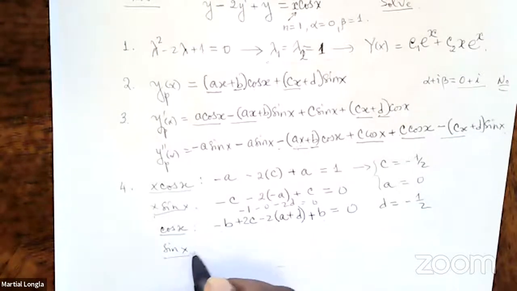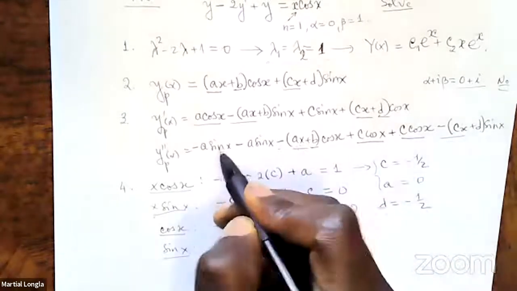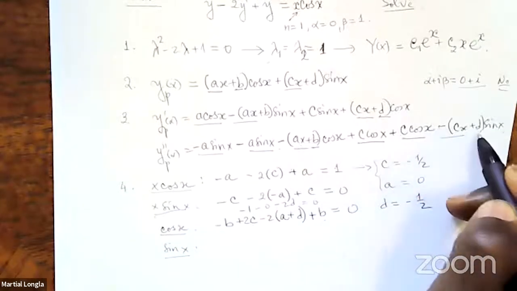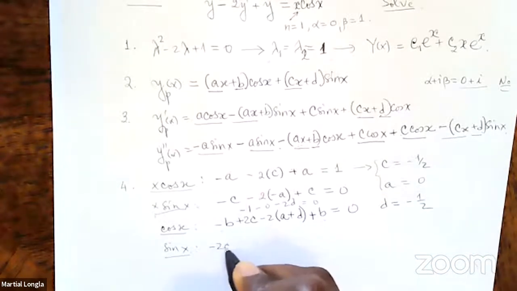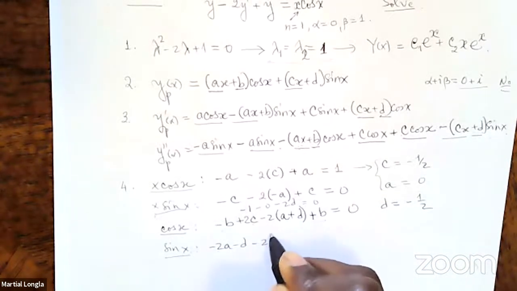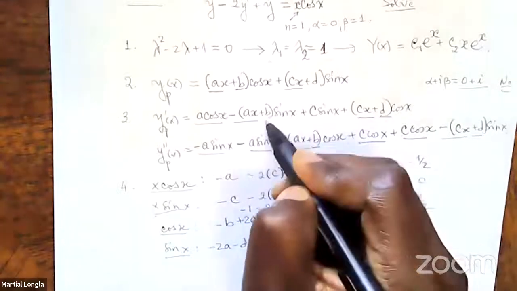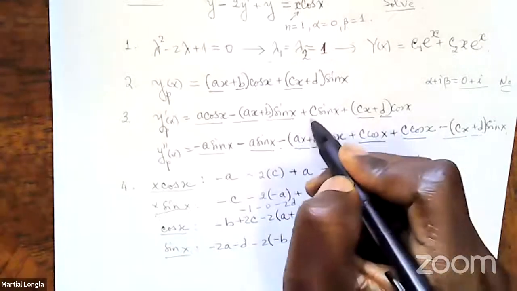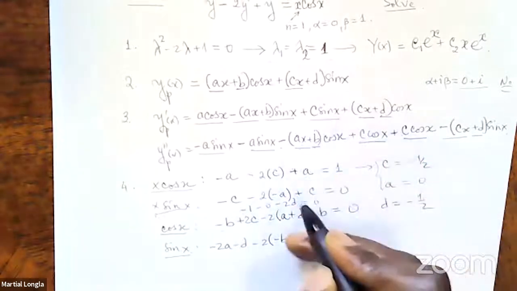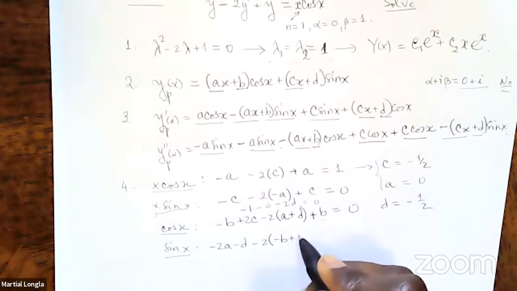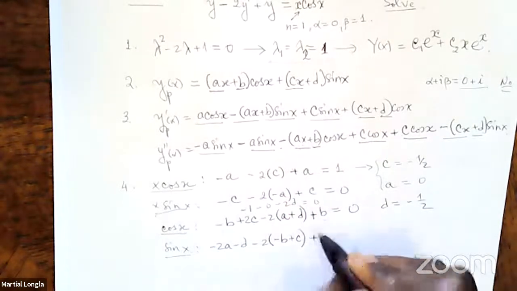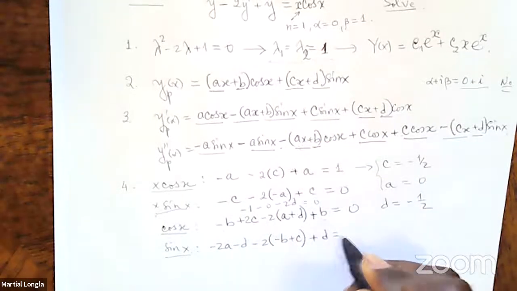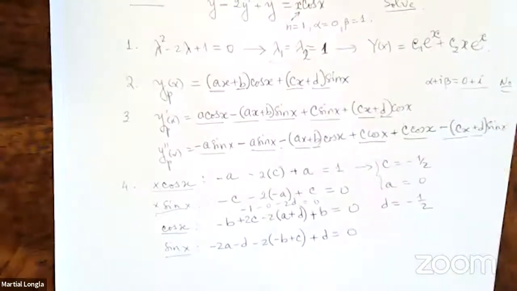And then you go for the last one, sine x. Sine x is minus a, minus 2a, and then minus d. Then minus 2, sine x in the derivative, minus b plus c. Nothing else. In the original function, sine x is d. Equals right hand side 0 for sine.